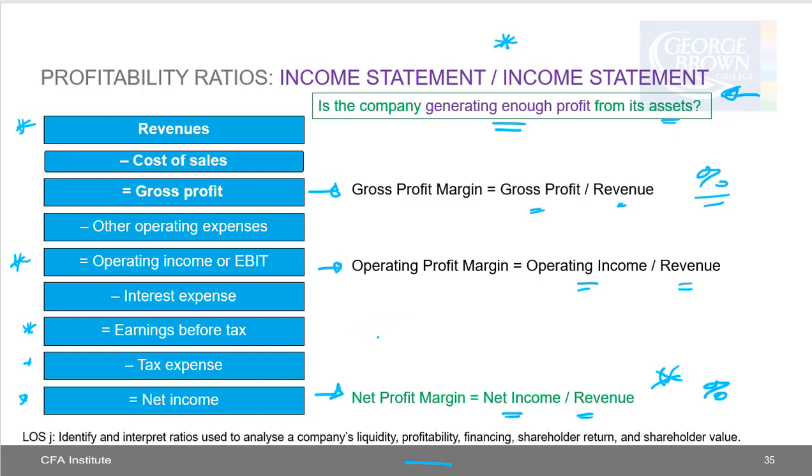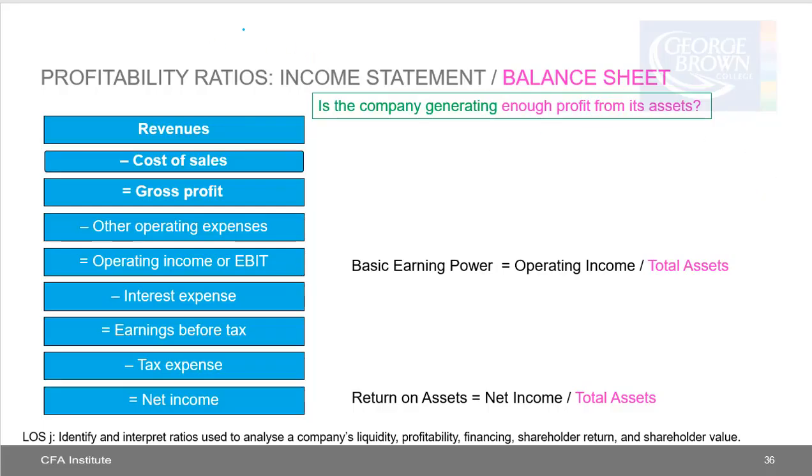Okay, but the ratio that we need to know for this chapter is the net profit margin, which is net income divided by revenue. The answer is in a percentage. Both numbers are coming from the income statement. So when we're looking at profitability ratios for this chapter, there's just 3 ratios.